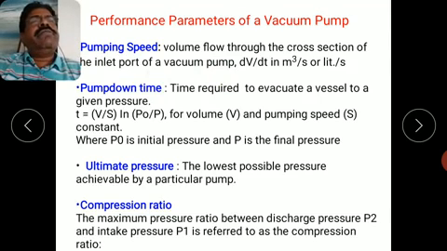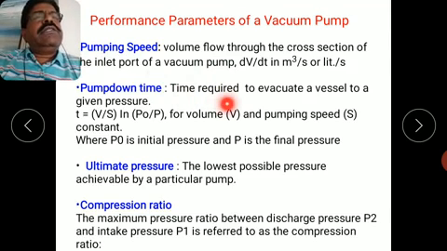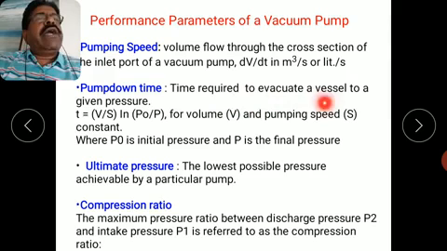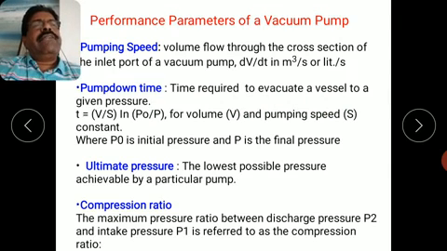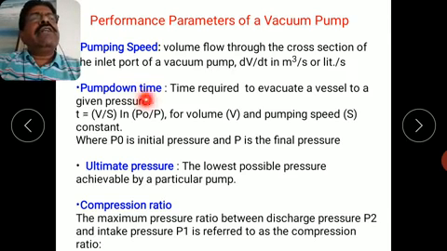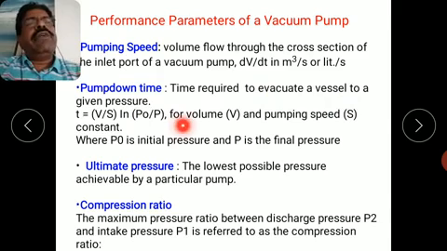The second parameter is pump down time. It is the time required to evacuate a vessel to a given pressure. Suppose you want to evacuate the given vessel or chamber, for example to 10 raised to minus 4 torr, and suppose it took a time of 3 hours. So you can say 3 hours is the pump down time required to evacuate a vessel to a given pressure.